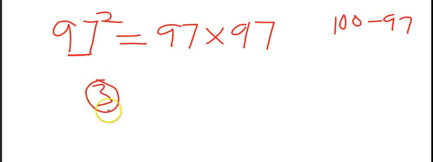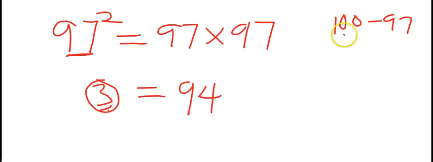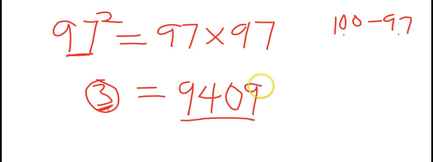Now we subtract this 3 from the original 97, and that will give us 94. Now we take this same 3, the difference between the 100 and the 97, and we square it. When we square 3, we get 9. And because we need a 2-digit number, we make it 09. And so 97 times 97 is 9409.